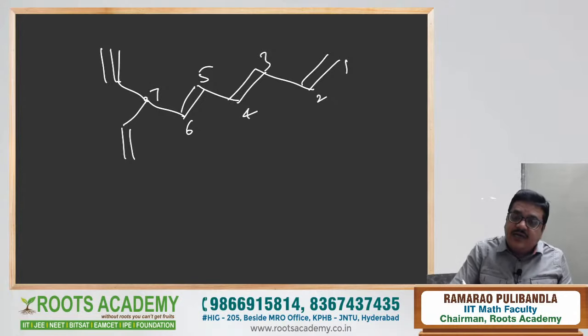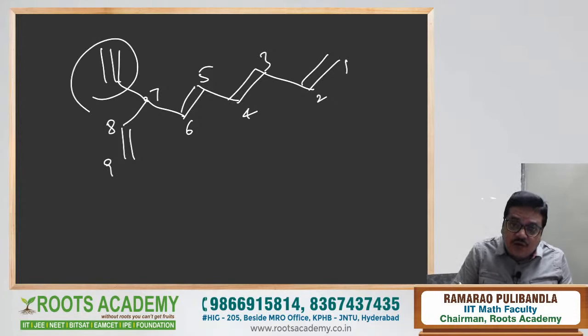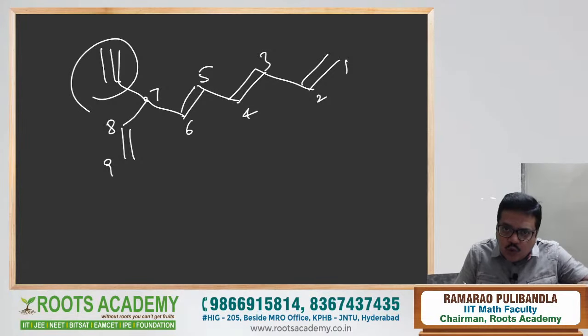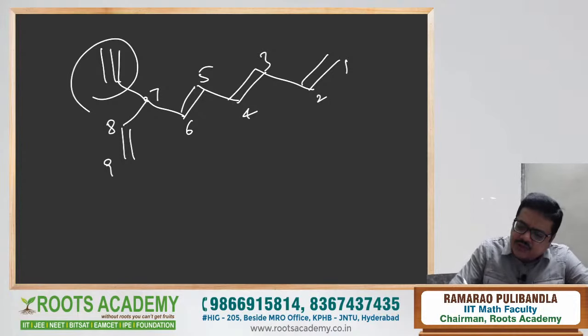This side or this side? This side we should give priority. 8 and 9. This is taken as a branch. Therefore, under this condition, 7-ethynyl.